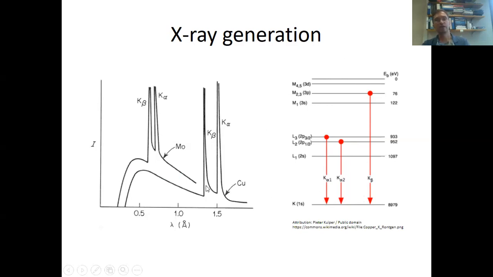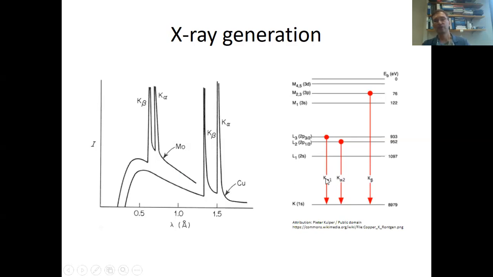Therefore, the K beta radiation has a smaller wavelength in comparison to the K alpha radiation. If you look very closely, you would see even finer lines: the K alpha radiation is composed of K alpha 1 and K alpha 2.